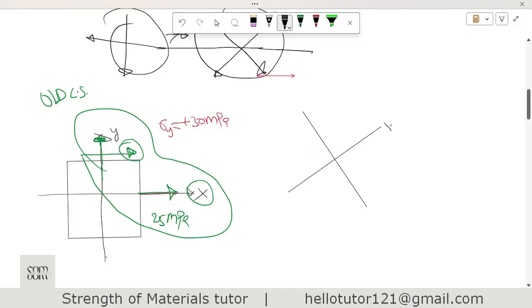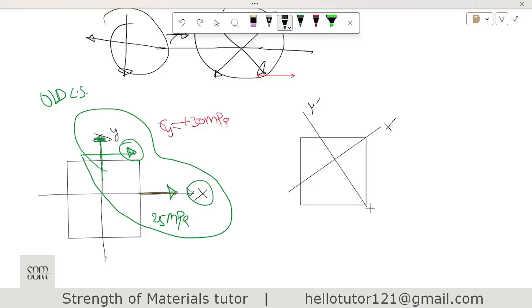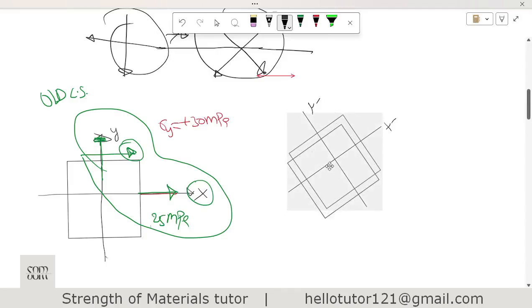Now let us say this is x prime, this is y prime. Let me draw the box too. Now, if a stress is like this, this is sigma x prime.